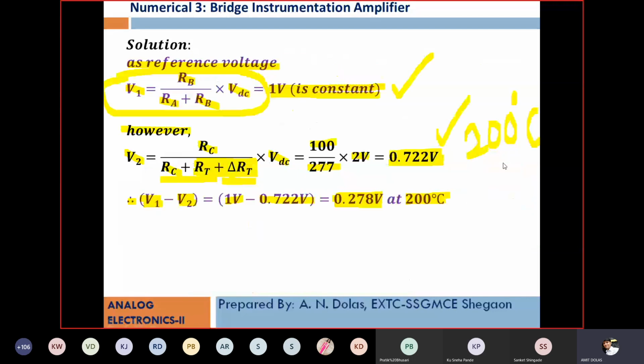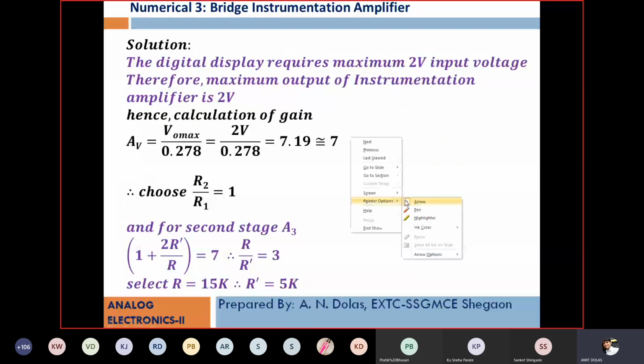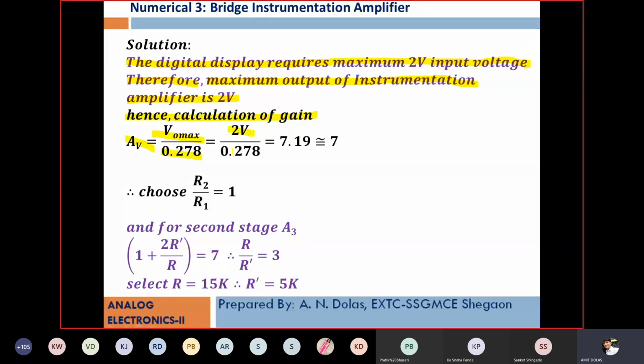Similar thing is there on this PPT, where the digital display requires a maximum 2 volt input to operate. Therefore, the maximum output of the instrumentation amplifier is 2 volt. Hence, the calculation of gain will be AV is equal to VO max, that is 2 volt of course, divided by VID, which is 0.278 volt. So 2 volt divided by 0.278 volt will be 7.19 is the gain, very small, approximately equal to 7.